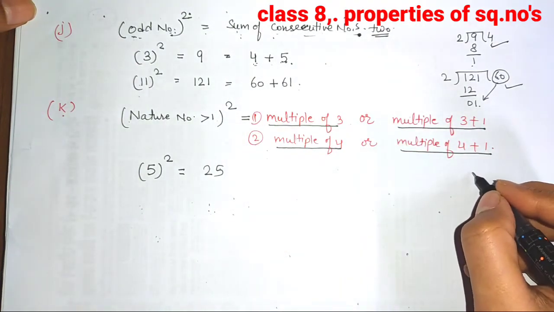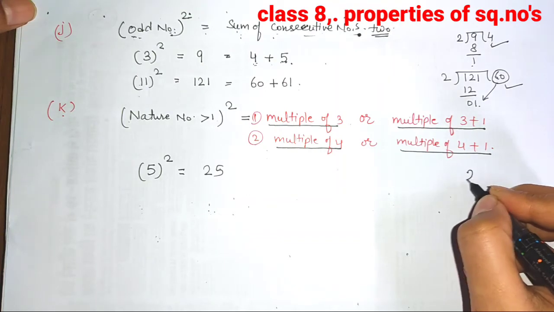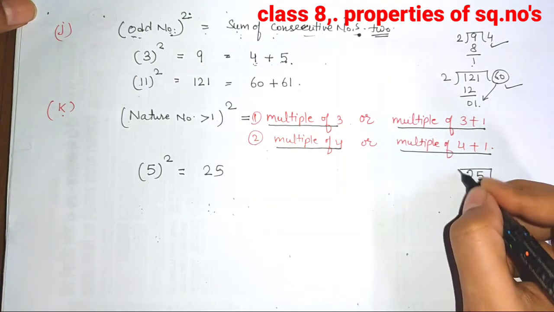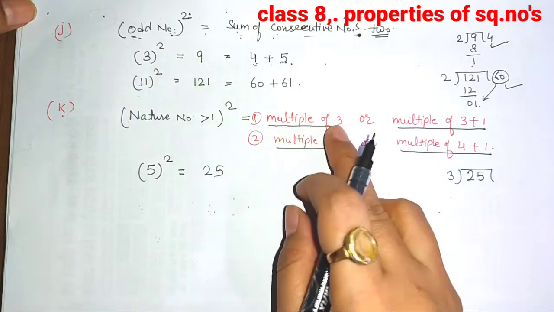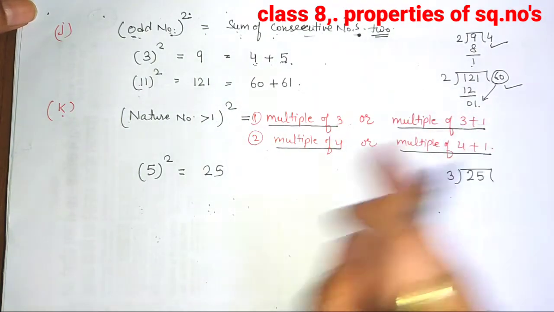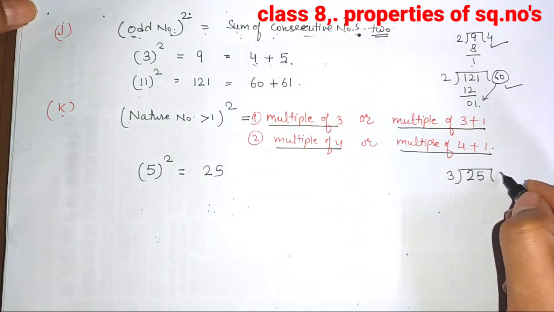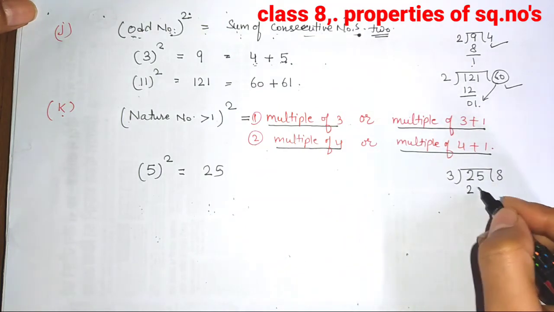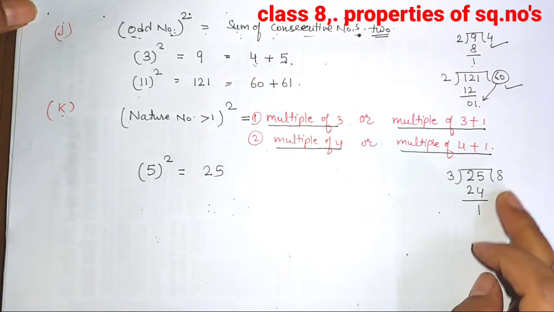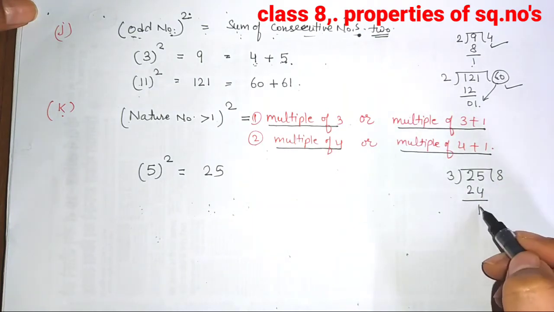Now 25. Now you have to divide 25 by 3. If you have to express it as a multiple of 3 or a multiple of 3 plus 1, then you have to divide it by 3. 3 8s are 24. Now 1 remainder is there.